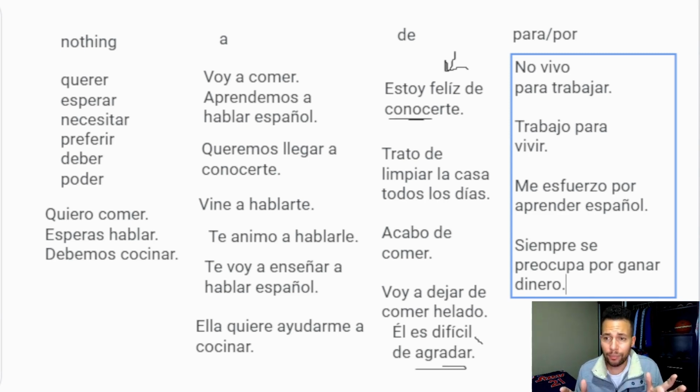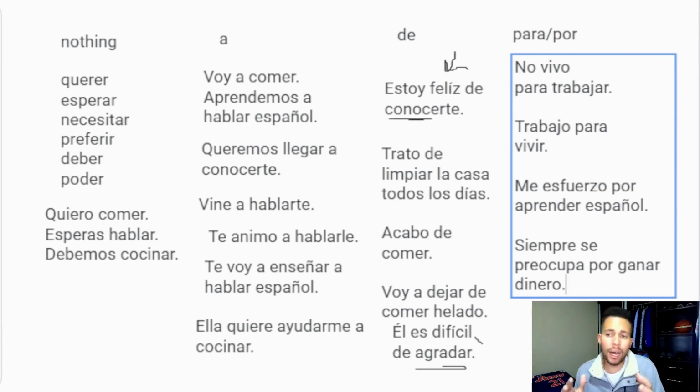I don't live. It's a little weird, but like on its own, I live, you live, he lives. It kind of can exist a little more on its own in comparison to those words in the first column. I hope, I need, I prefer, I should. They're really begging to have something attached to it. But these words here in this para por column, they're a little more substantial on their own.